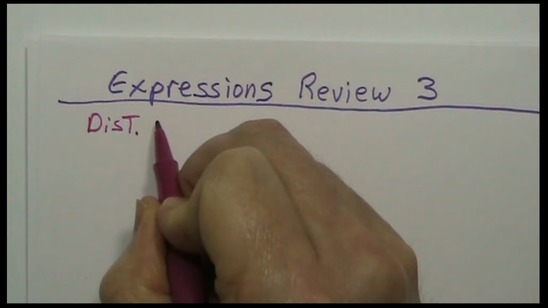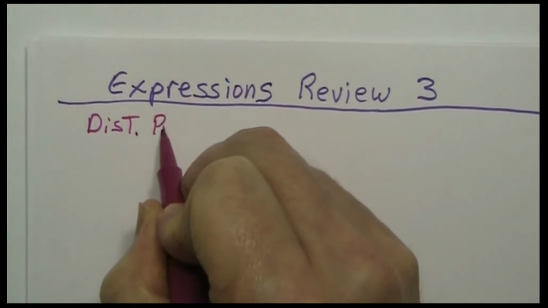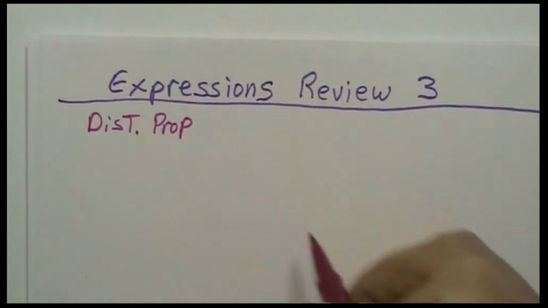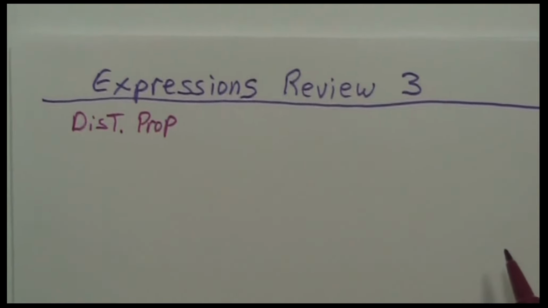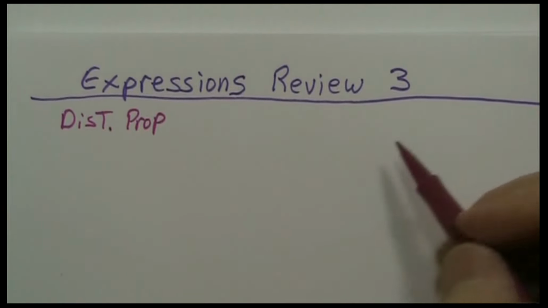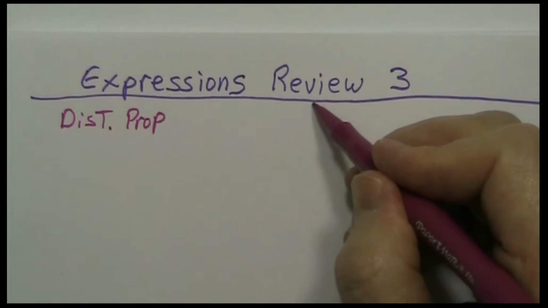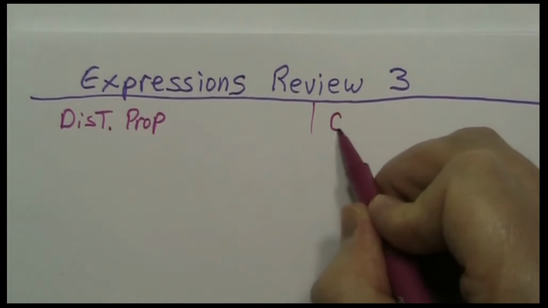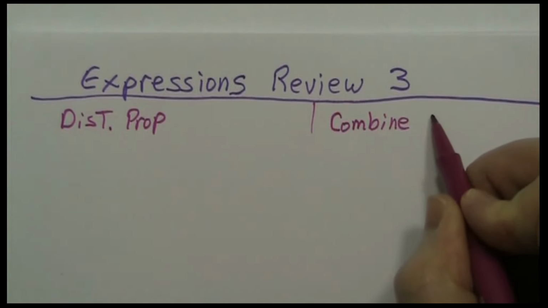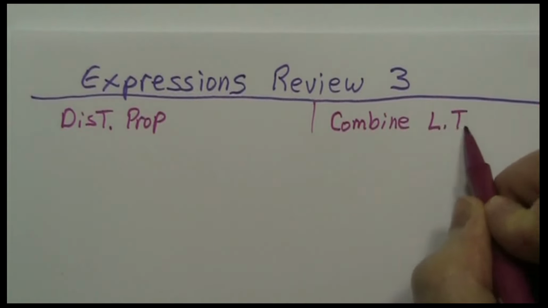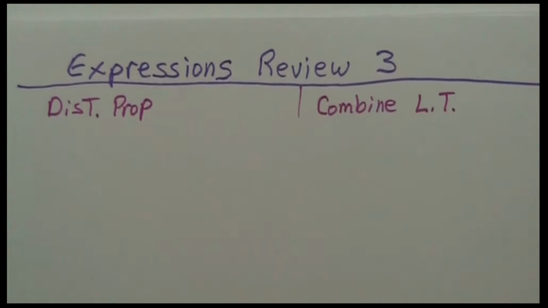And I'm going to abbreviate. There's distributive property, and then there is combining like terms, so we'll separate that a little bit. I'm just going to say LT for like terms.